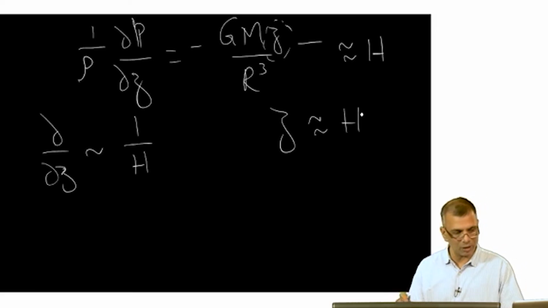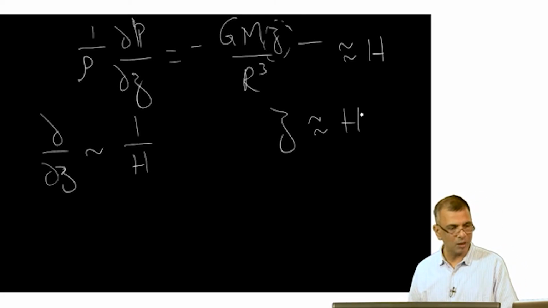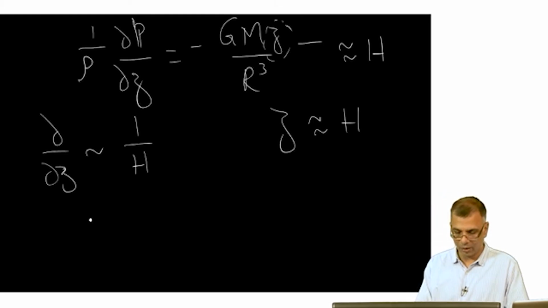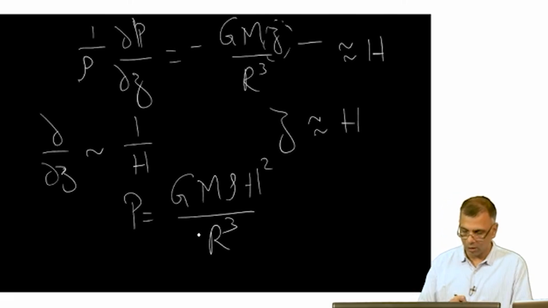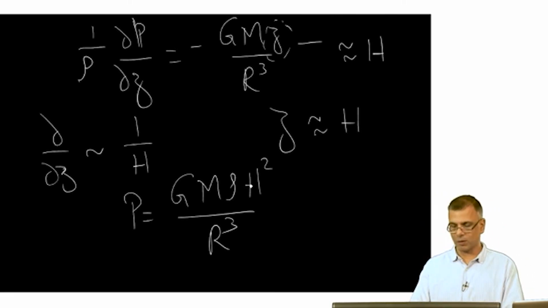So, in this spirit of approximation, the vertical momentum equation essentially becomes P equals GM rho h squared over r cubed. And not to despair, this will all become much simpler as we go along.